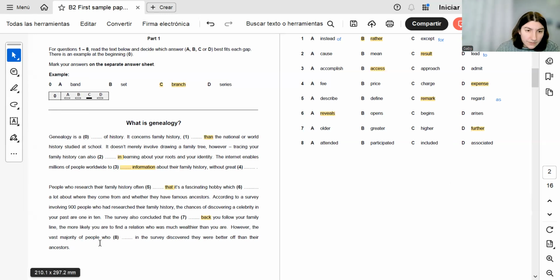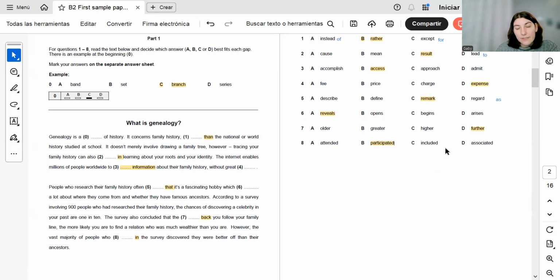However, the vast majority of people who in the survey, again, we have another in here, discovered they were better off than their ancestors. Okay, so a verb that combines with in. Attended the survey, no preposition. Participated in the survey, this one is possible.